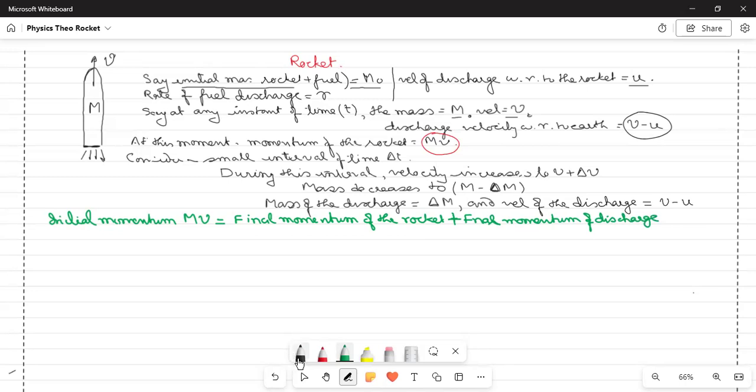There is no doubt in this. This is by the law of conservation of momentum.